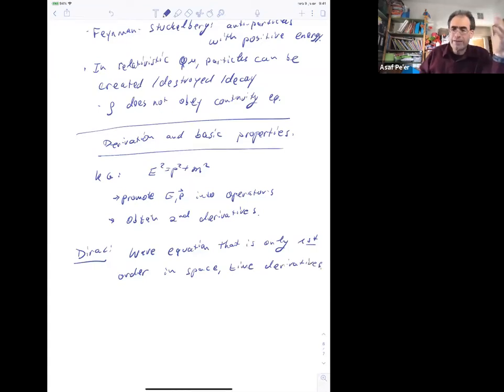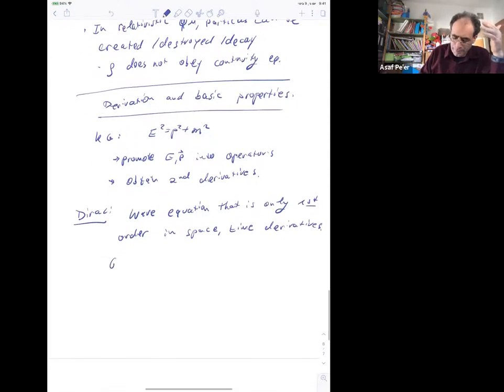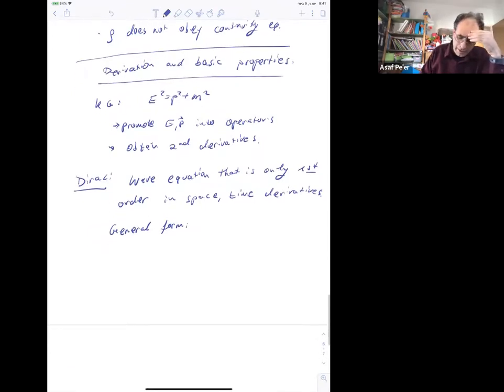So it must have some general form, which looks something like E operator psi is alpha dot P plus beta m psi.